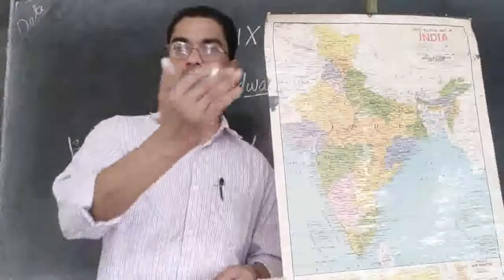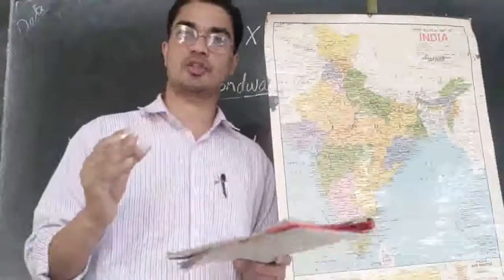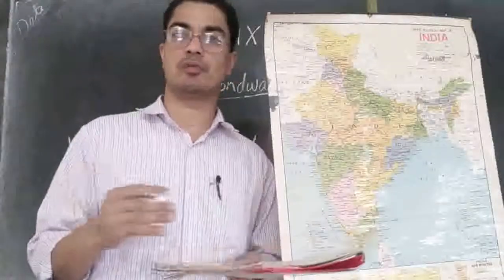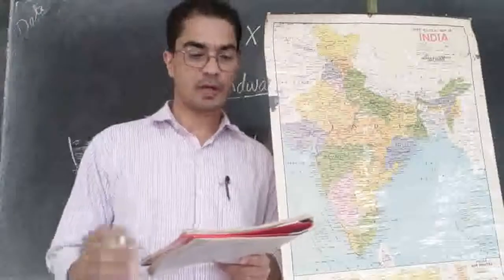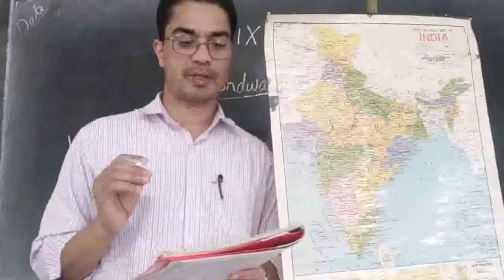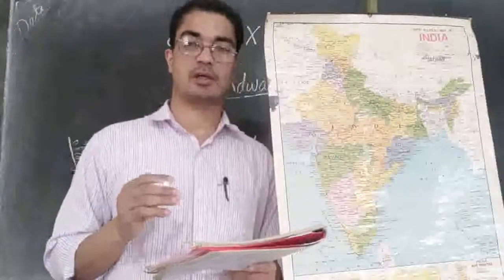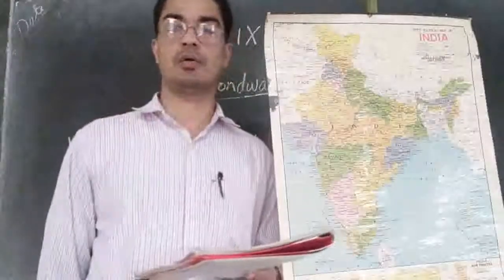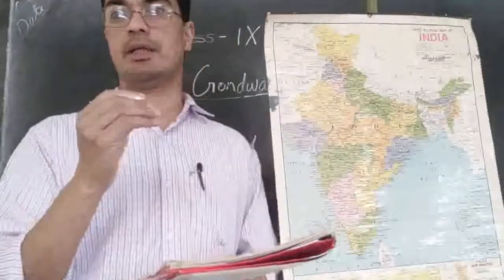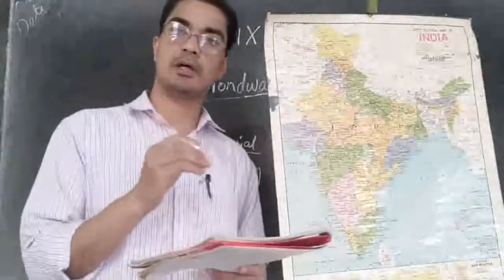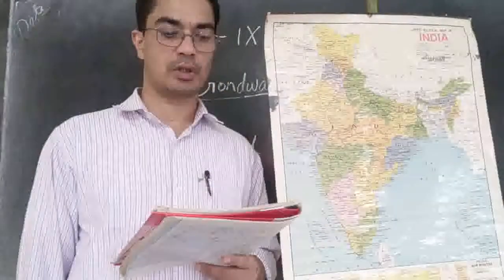But on the other hand, we said in Himalaya the soil is so soft, so young. But in the Peninsula Plateau it is very hard. And also they are metamorphic rocks. What is metamorphic rock? The rocks that existed long ago. We said the Peninsula Plateau is the oldest landmass in India, and so they are oldest and they existed before.